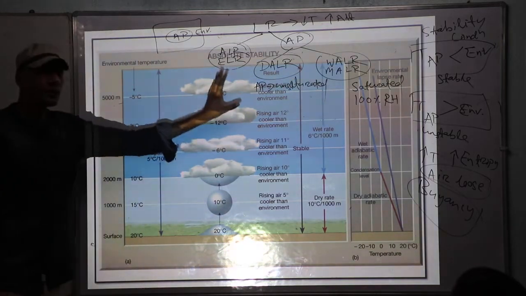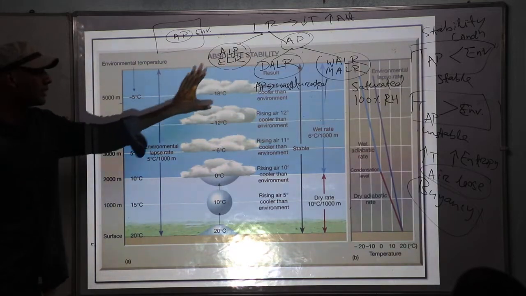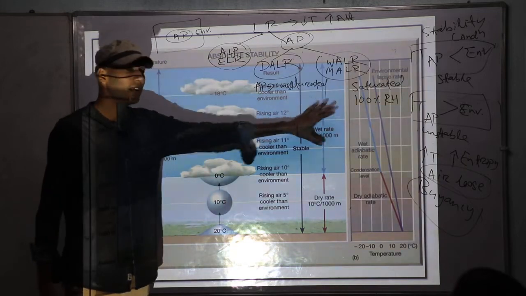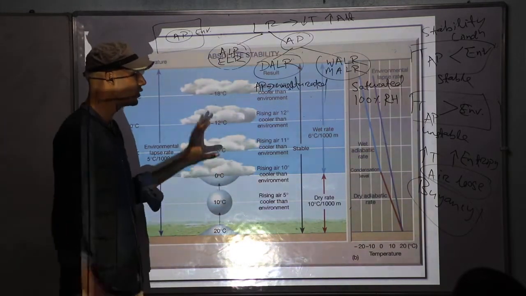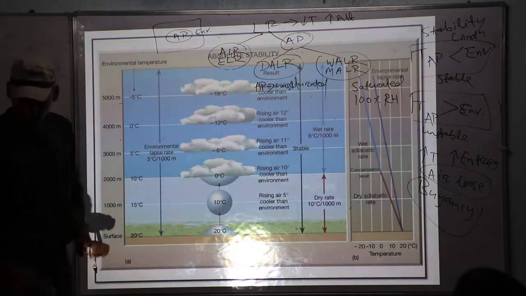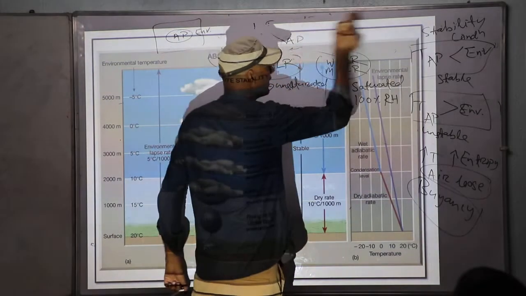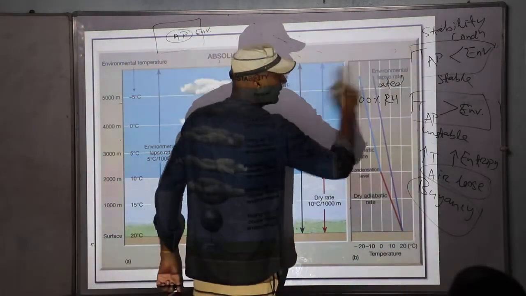The decrease of temperature of the surrounding environment, that is known as environmental lapse rate. So now we are going to derive the relation between these three lapse rates in defining whether that is absolute stability condition of atmosphere or instability or conditional stability. There are many questions, I think every year, asked in NET for the relation between these three.